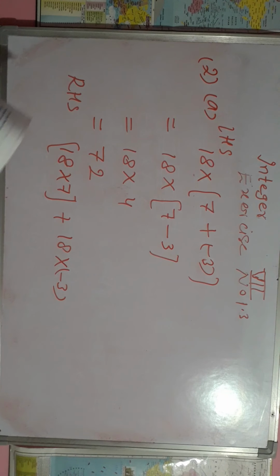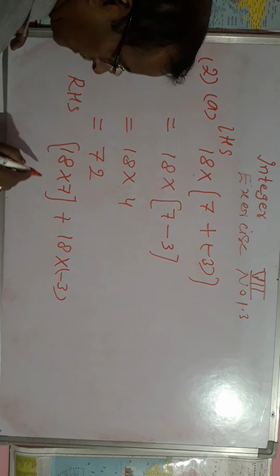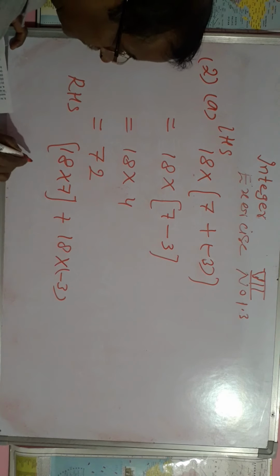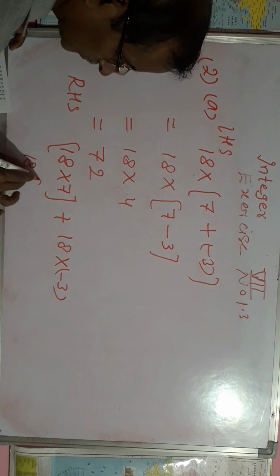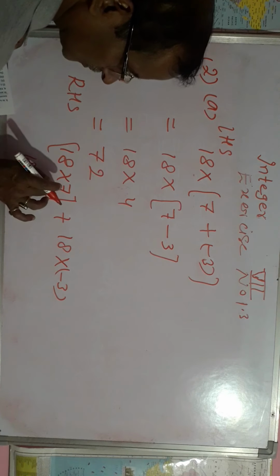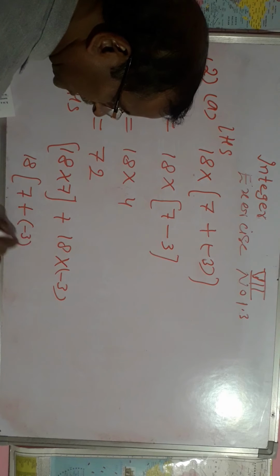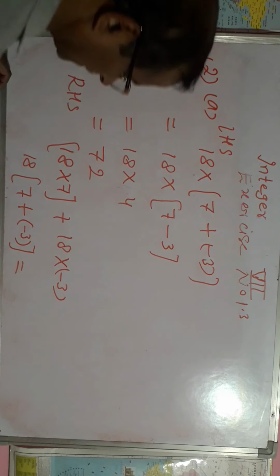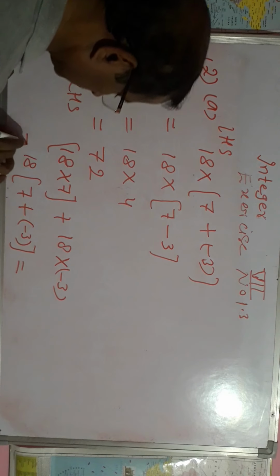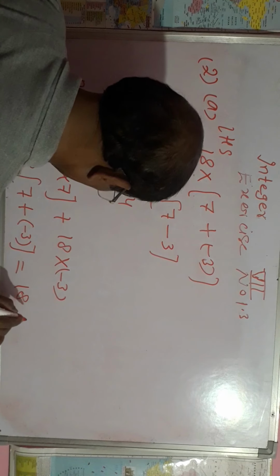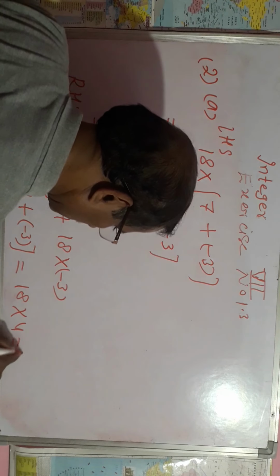Then we can take 18 common in both, by applying the distributive property. 18, here 7 plus minus 3 is equal to 18 multiply 4, which is equal to 72.